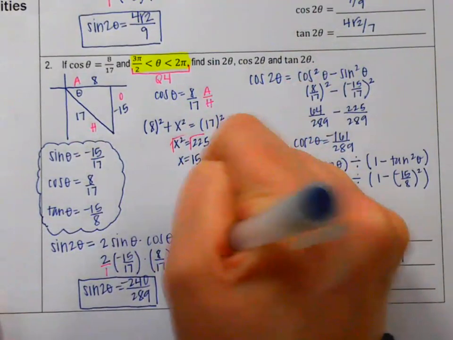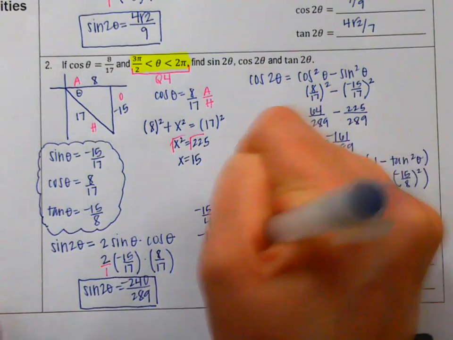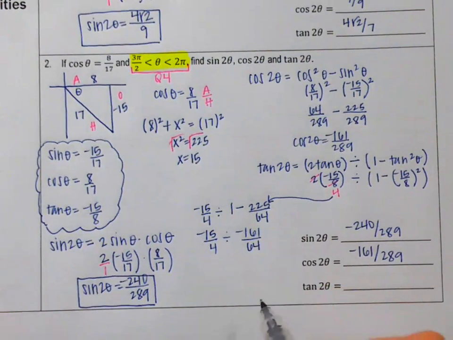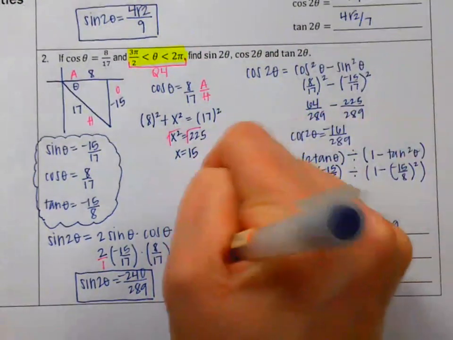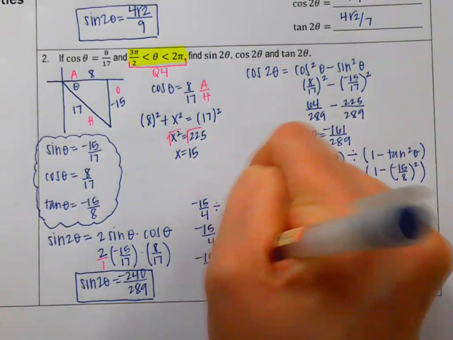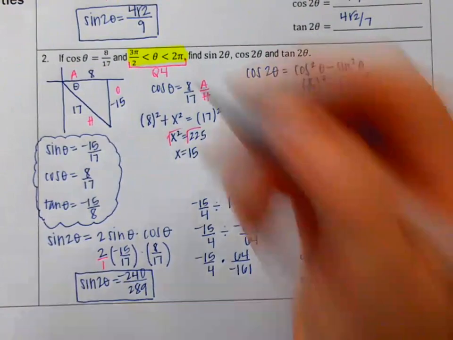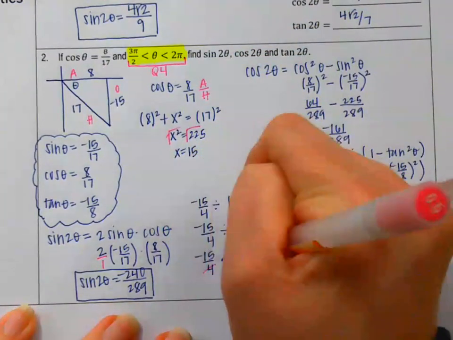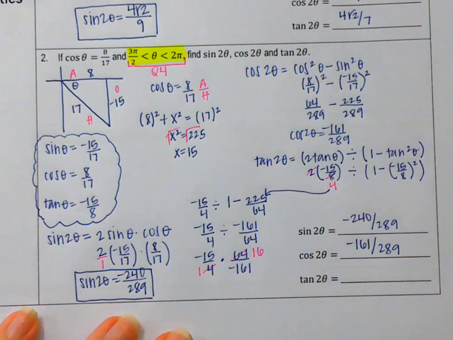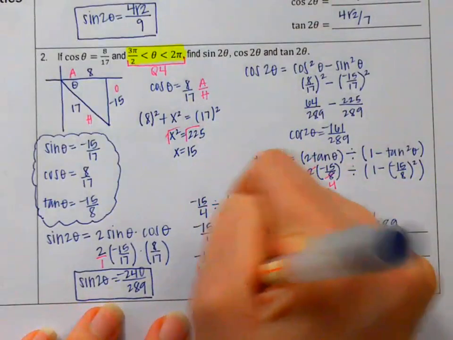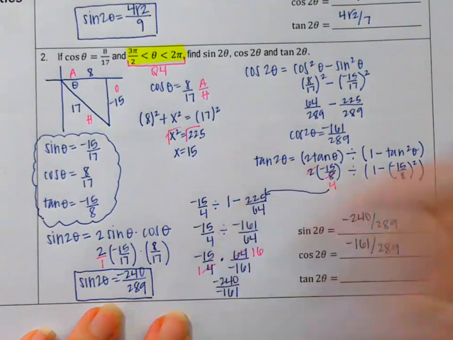So then I have divided by negative 161 over 64. I need to flip and multiply, so that would be negative 15 over 4 times 64 over negative 161. You can either just put that in your calculator and let the calculator do the reducing for you, or you can reduce it yourself. 4 goes into 64 16 times, and then negative 15 times 16 is negative 240 over negative 161.